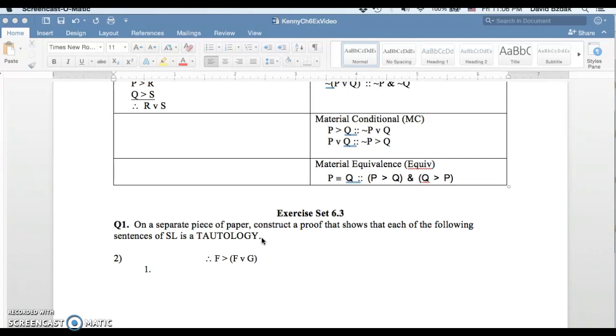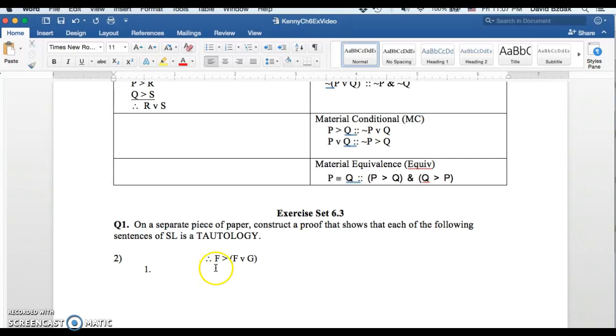Of course, you can't really derive something from no premises. You need something. That's why we're going to use either the conditional introduction rule or one of the negation rules, because those rules allow you to make assumptions, and those assumptions can get you started on your derivation. So exercise set 6.3 is proving that a sentence is a tautology by deriving it from no premises.